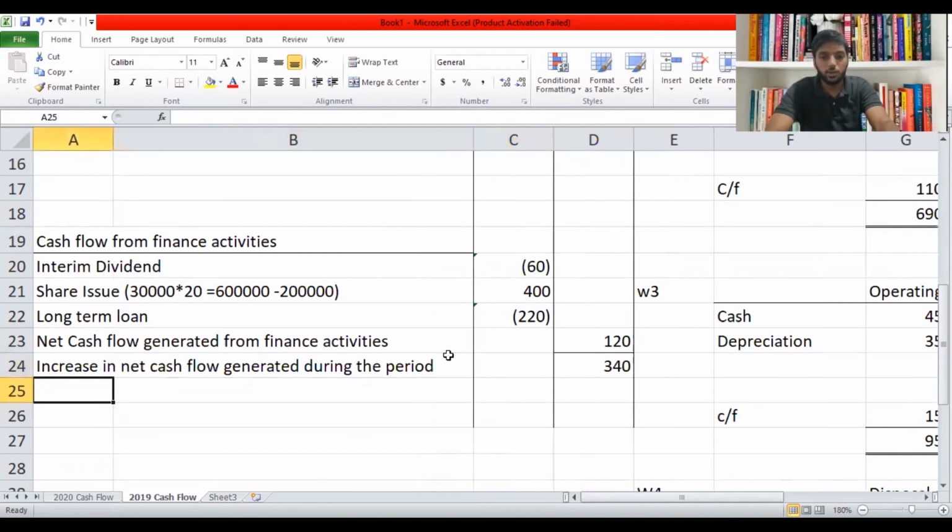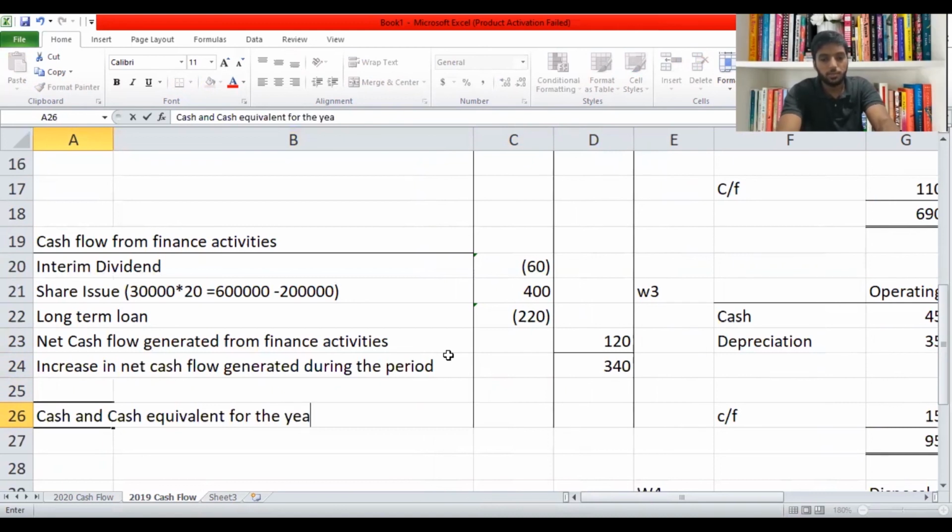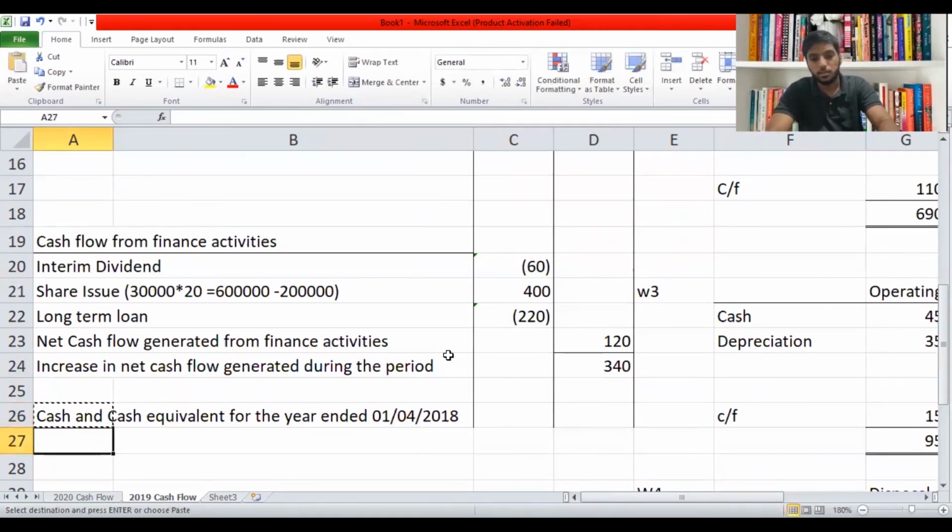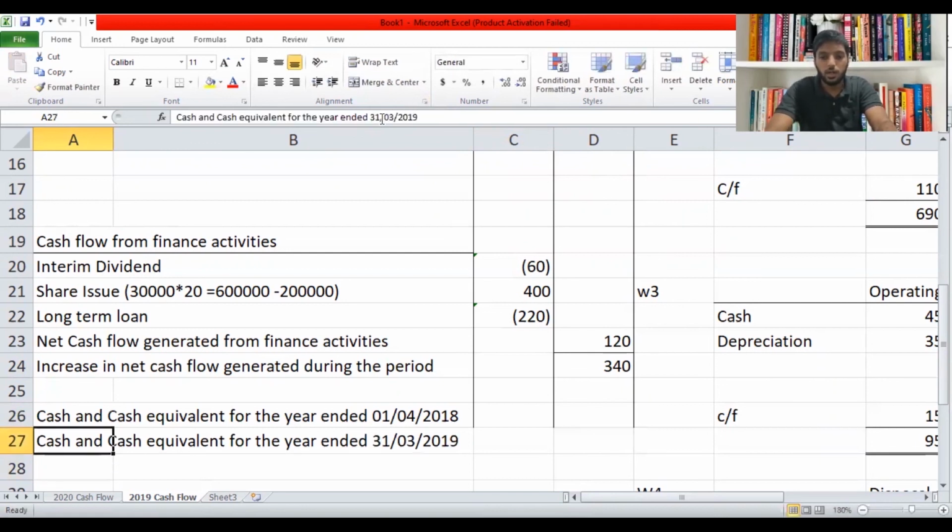Then we are going to write cash and cash equivalent, take the beginning of the year, first for 2018, and the same thing, but here the year changes, 31st 2019, right?